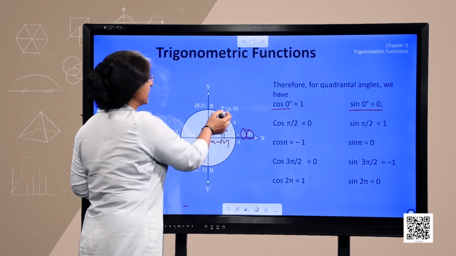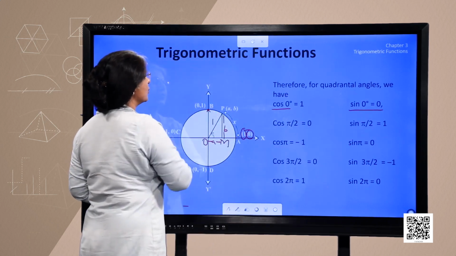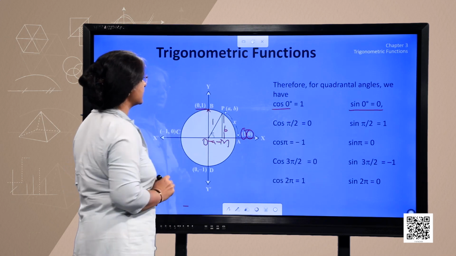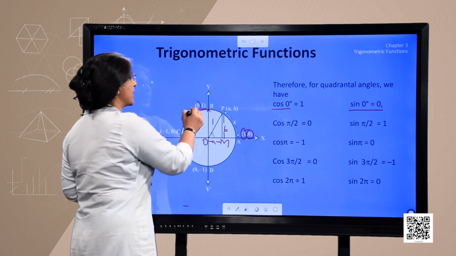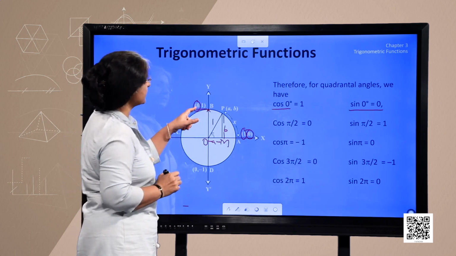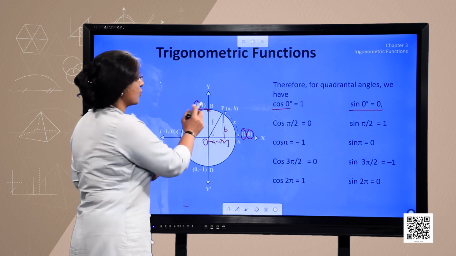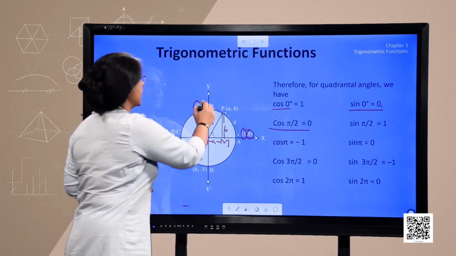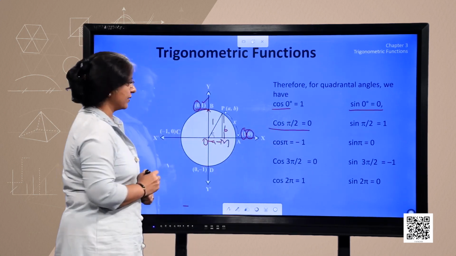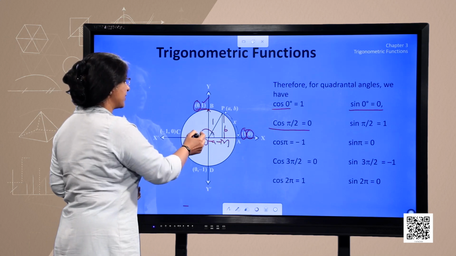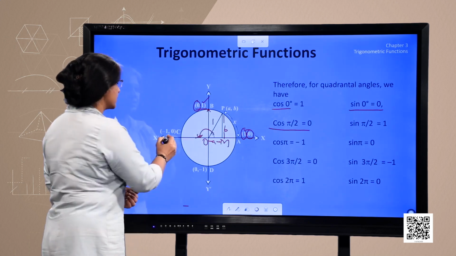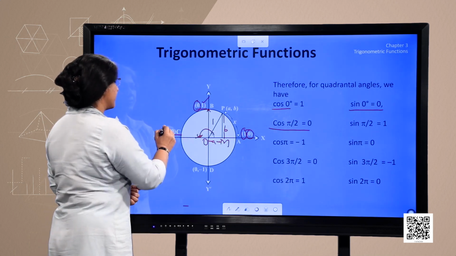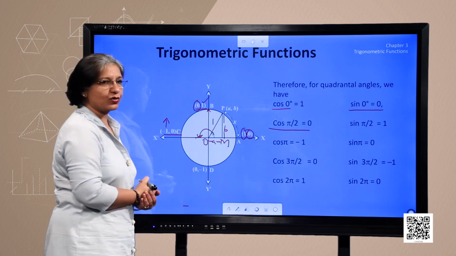And similarly, when we reach this point at pi by 2, these are the coordinates of point B, and the first coordinate, that is the x coordinate, gives us the value of cos. So, cos pi by 2 is 0 and sin pi by 2 is 1. When we reach here, after tracing an angle of pi, the first coordinate of point C gives the value of cos.